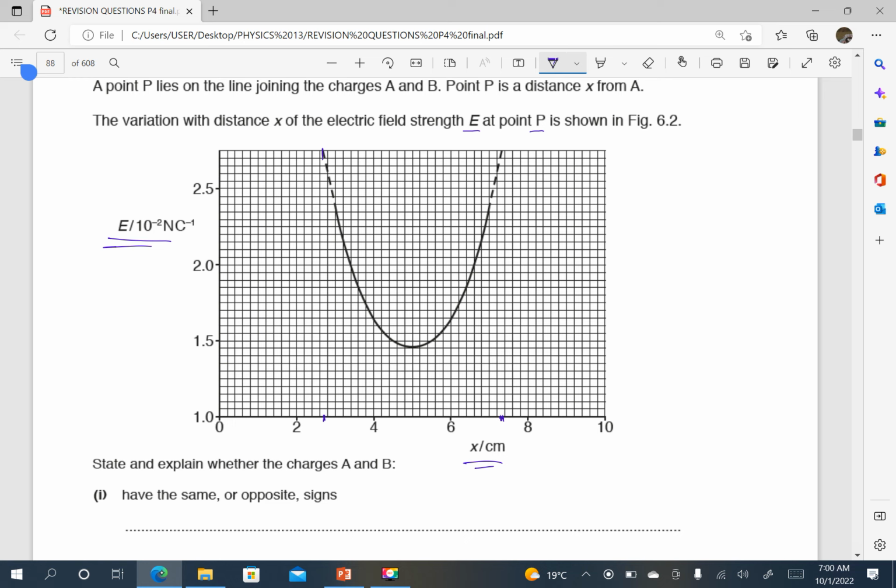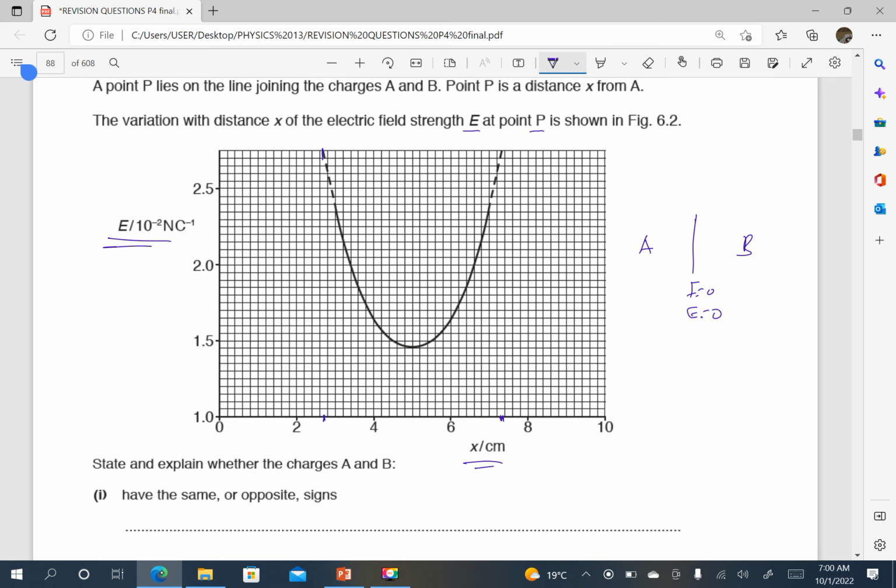If we had like charges, say charge A and charge B are like charges, there would be a point between them where the resultant force is 0. At that point where the resultant force is 0, the value of E becomes 0. When you look at the graph, there is no point where the electric field strength becomes 0.